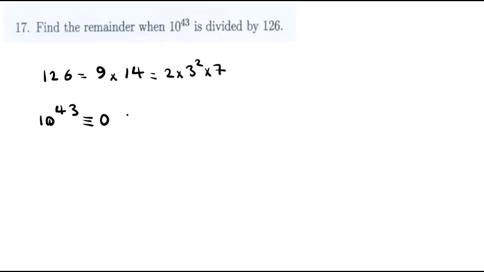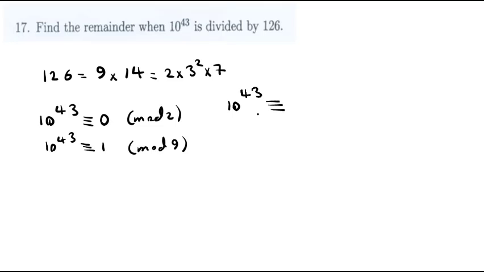Mod 2 is 0. It's obvious. Mod 9 is what? Mod 9, because 10 is 1 mod 9, so it will be 1. And if we want to consider mod 7, 10 to the power of 43 mod 7. You can say it is 3 to the power of 43. And we can say 3 squared mod 7 is 9. It's all of them mod 7.